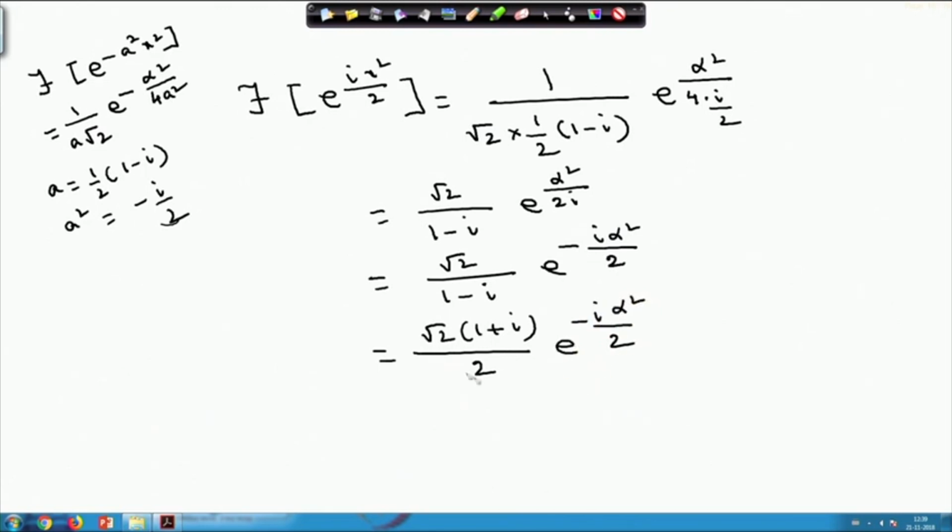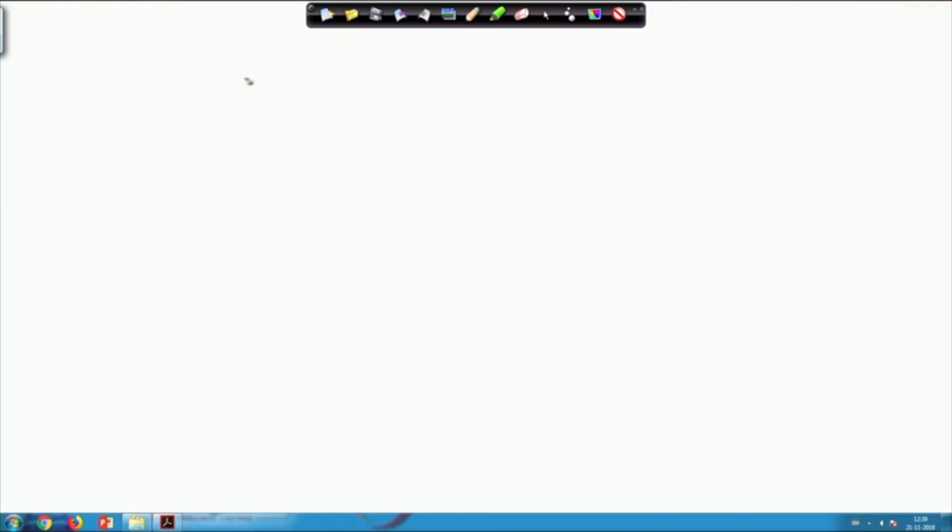So effectively this root 2 we can cancel, and we can say that the Fourier transform of e power i x square by 2 equals 1 plus i by root 2 into e power minus i alpha square by 2.